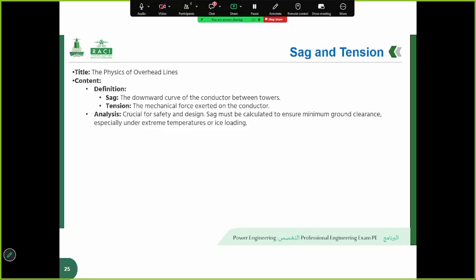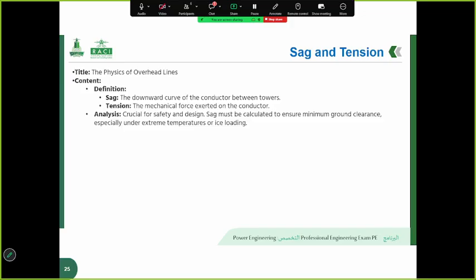Then, low tension or high sag: a conductor with low tension will have more sag. While this reduces mechanical stress, excessive sag can cause the conductor to come too close to the ground, buildings, or other structures, creating a significant safety hazard. So we have to find a compromise between these two criteria.